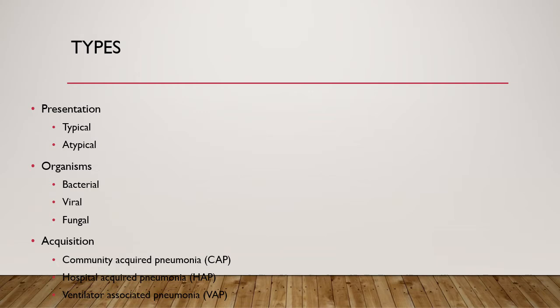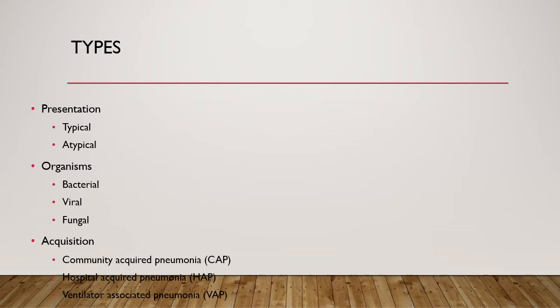For it to be labeled as HAP or hospital acquired pneumonia, it has to present 48 hours after admission to hospital. The same goes for ventilator associated. It should present 48 hours after being intubated, that is, after being ventilated, 48 hours after the ETT is passed.